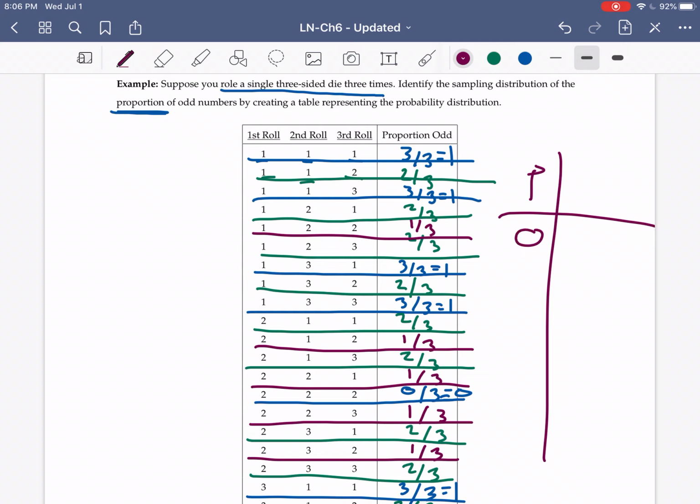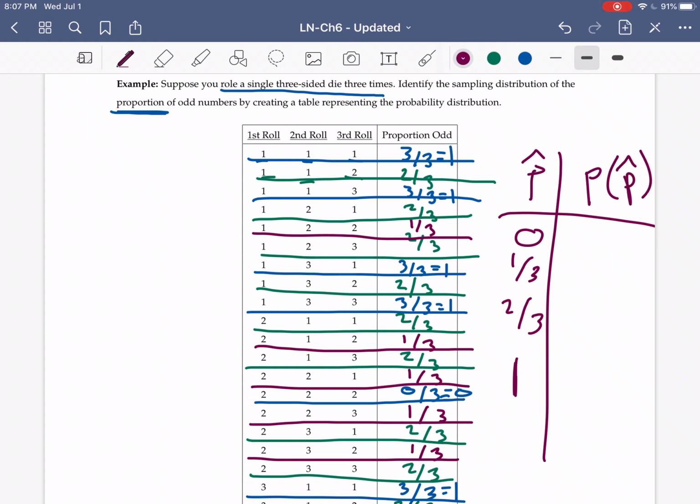So we got a proportion of 0, a proportion of 1/3 of the rolls, 2/3, and 3/3 is just 1. And how many times does each of those proportions show up? So I'll call that p hat. This is strange, like the probability of p hat.